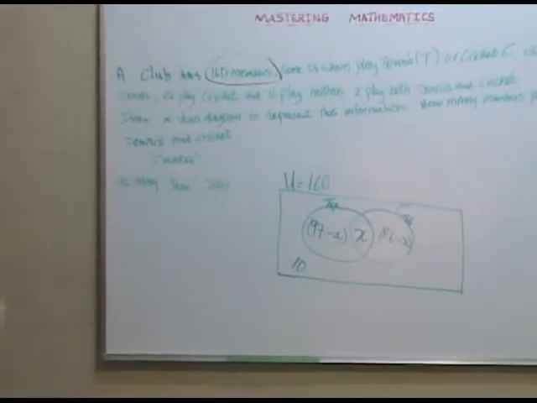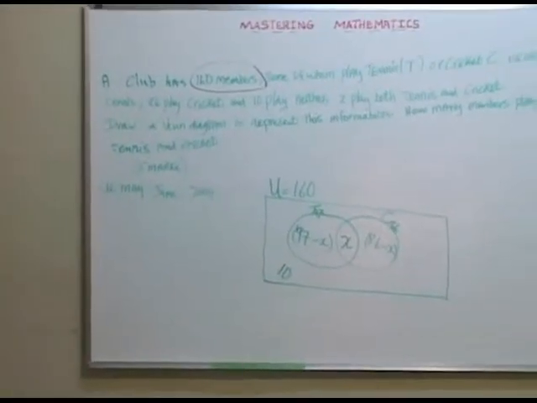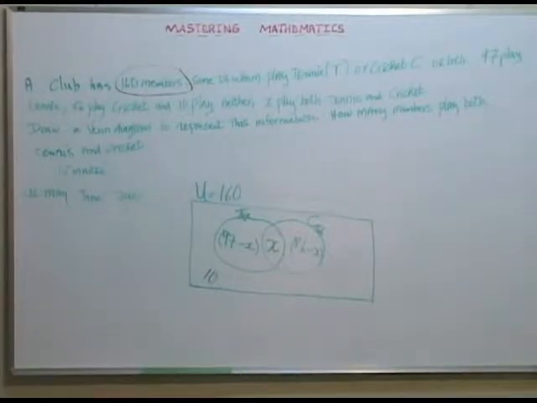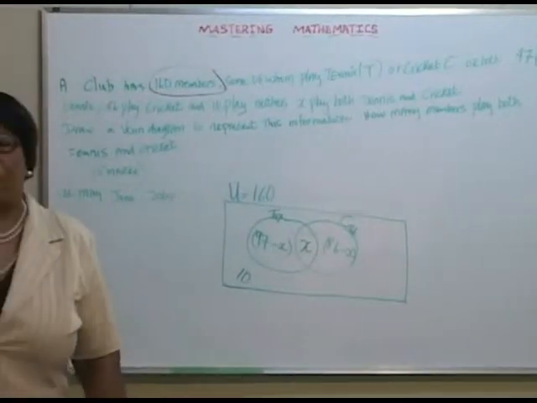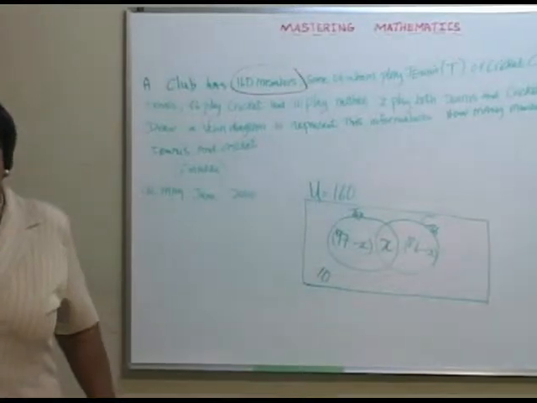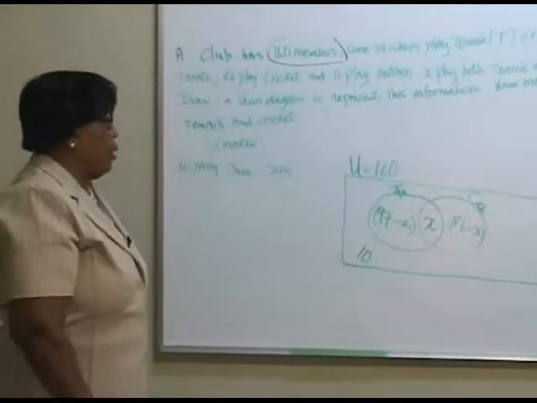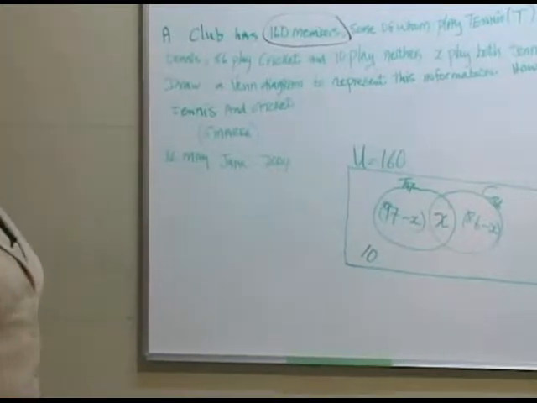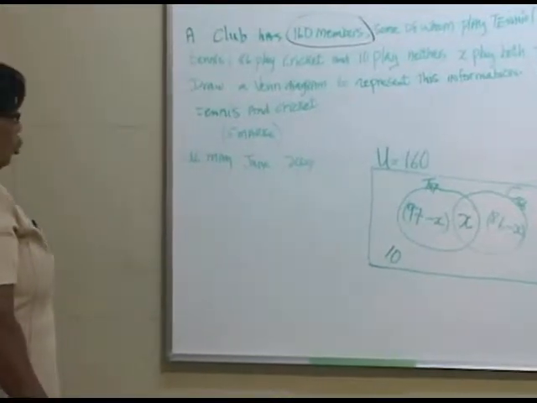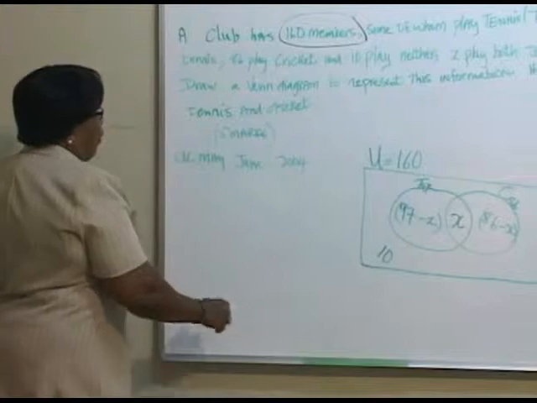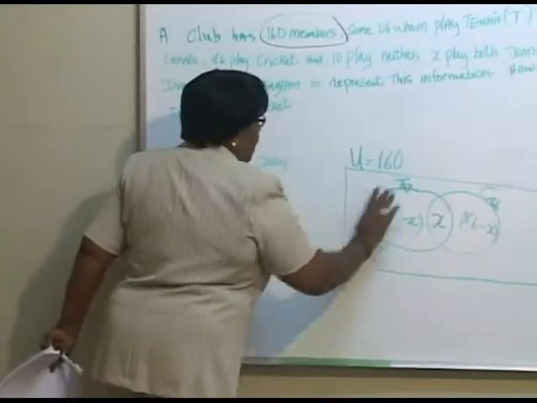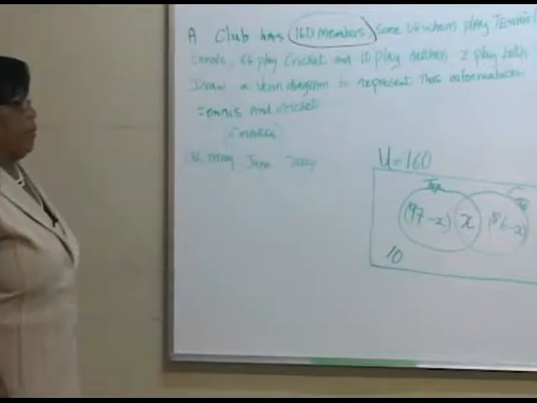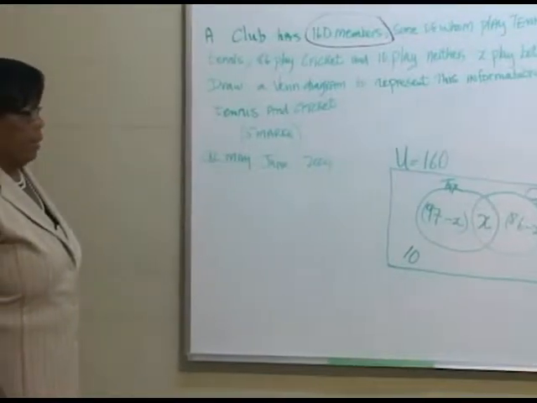Now, what are we asked? So it says, how many members play both tennis and cricket? So what are we going to do to find out that information? That can be found using two equations. Okay, we can choose to say, right, everything in here would be equal to 160, and then after that solve for x.